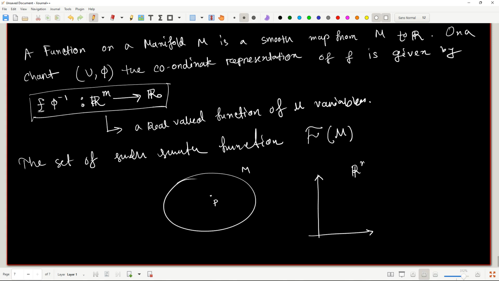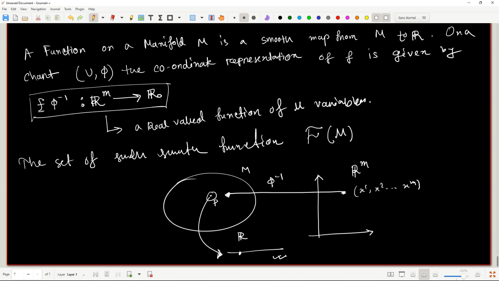So what is happening essentially is that this phi inverse is mapping a point, let's say x1, x2, dot dot dot, xm, to this point P, and then this P is getting mapped to some real number. This is how we define a function on a manifold. And what we have seen so far, this is just a real valued function of m variables.